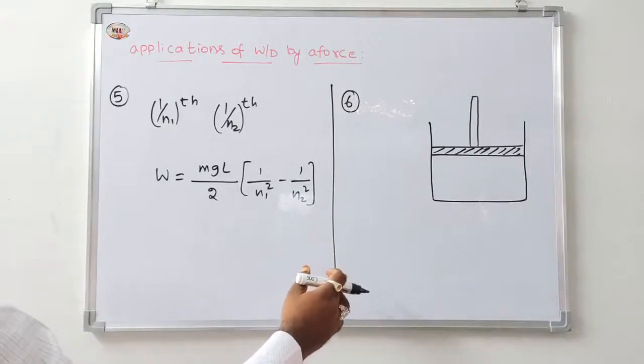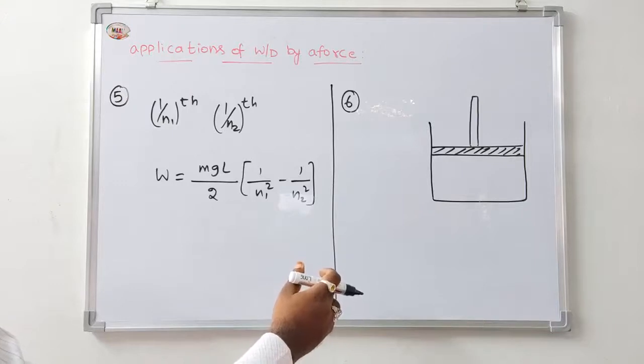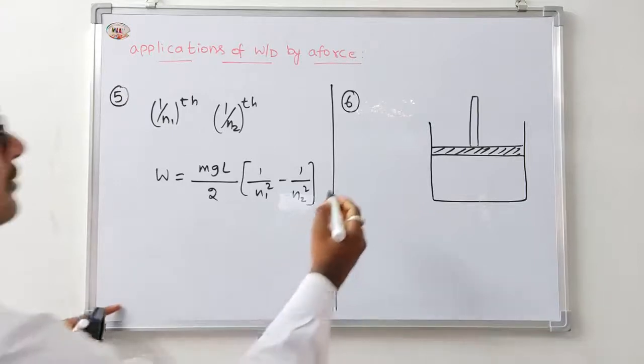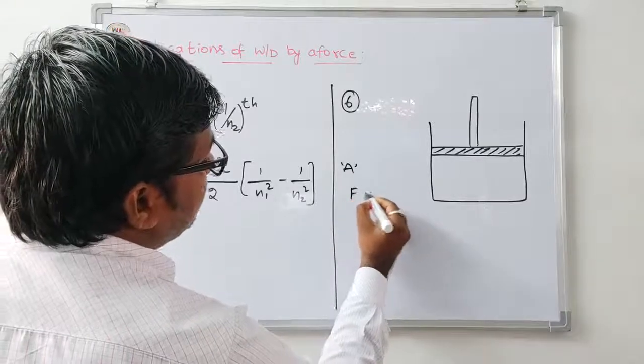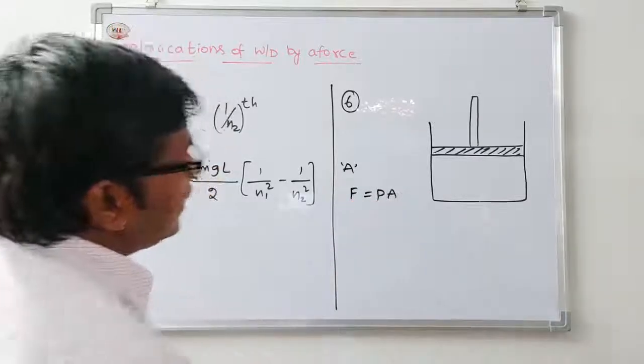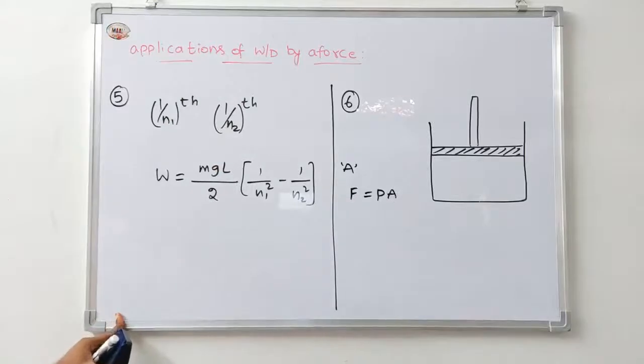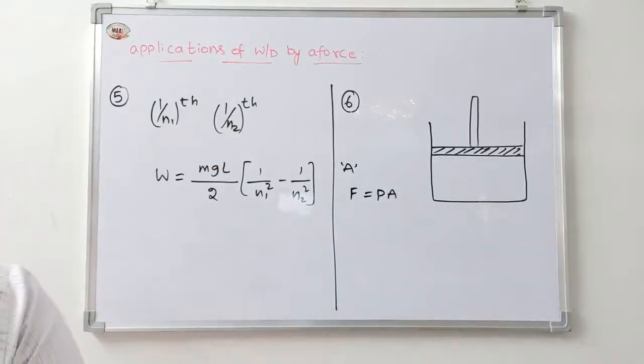The force exerted by the gas in the cylinder on the piston of area A is then F is equal to pressure into area.